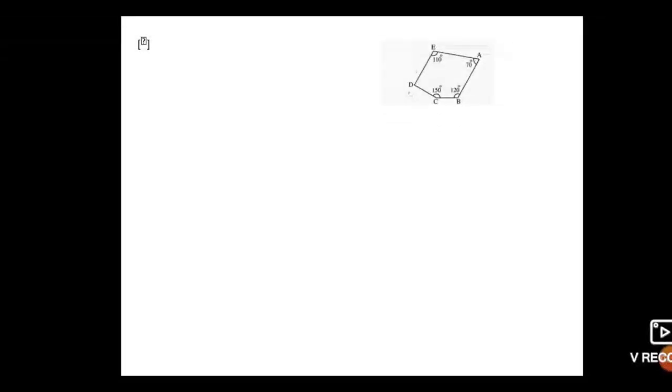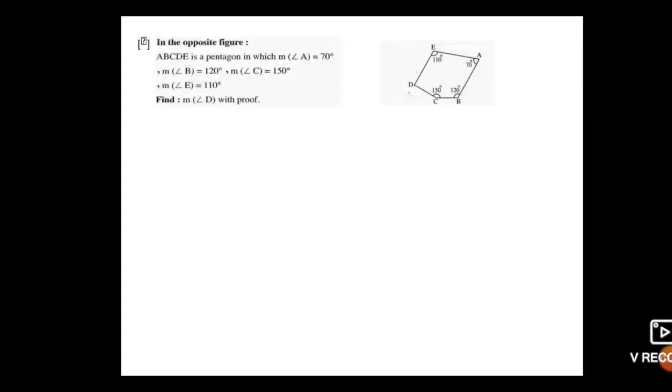You have a polygon ABCDE. This is a pentagon. You have the measures of 4 angles. To find the measure of the 5th angle, you subtract the sum of the 4 given angles from the sum of all angles.